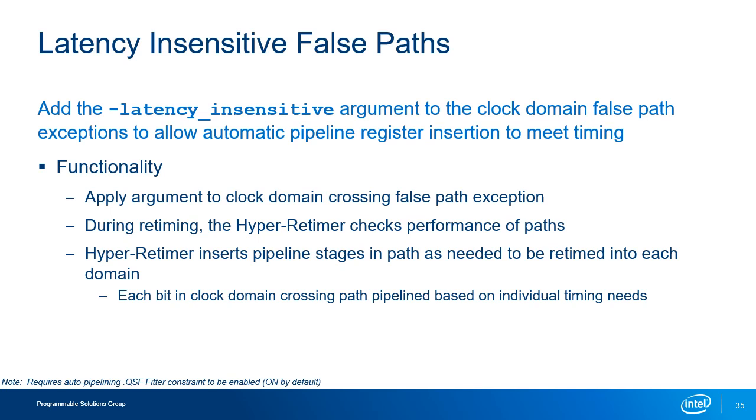Once applied, during retiming, the Hyper-Retimer checks the domain crossing paths and inserts pipeline stages which will retime forwards and backwards into each domain as needed in order to meet timing. Note that each path is retimed separately according to the timing needs of that path, so each bit of a single bus might be pipelined differently.